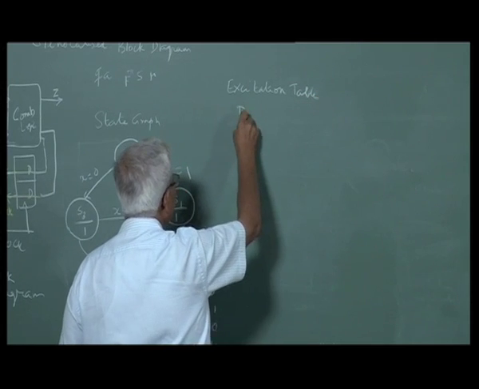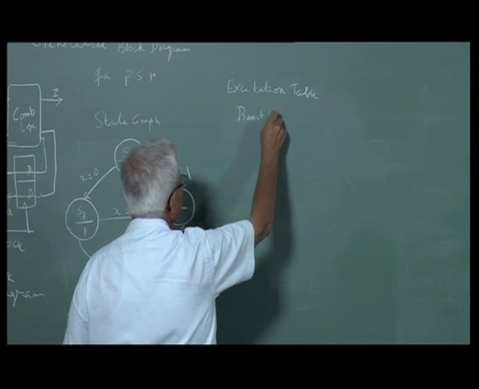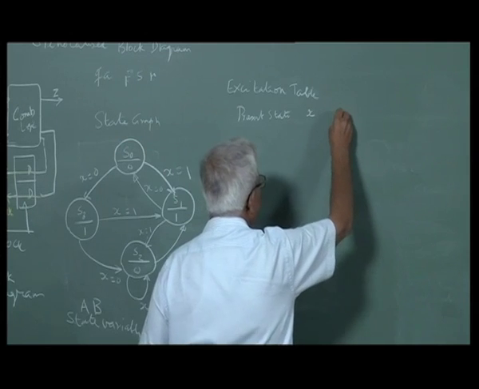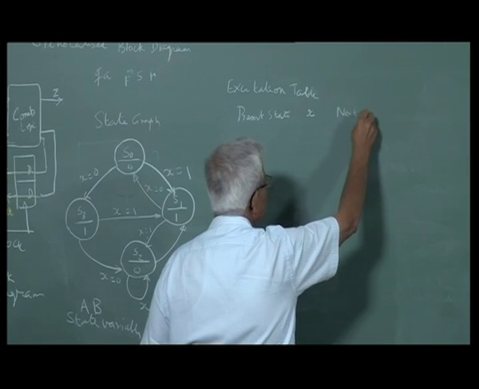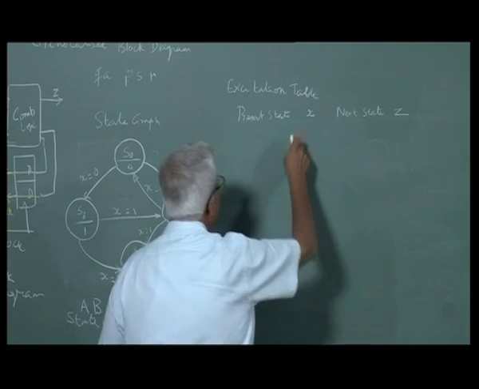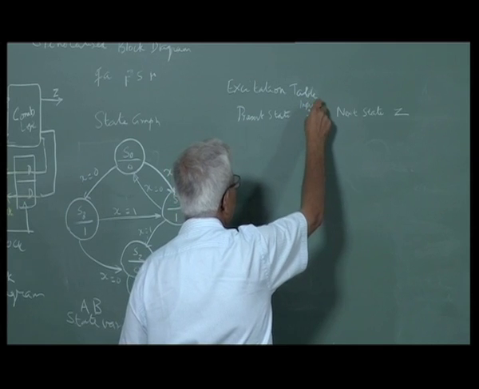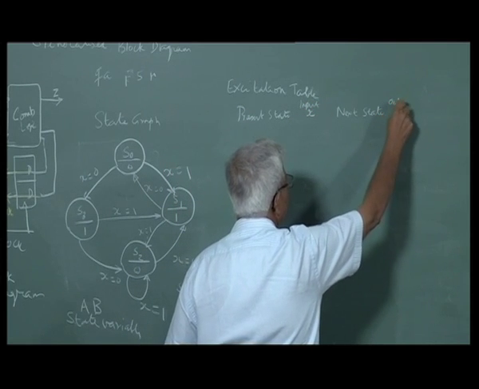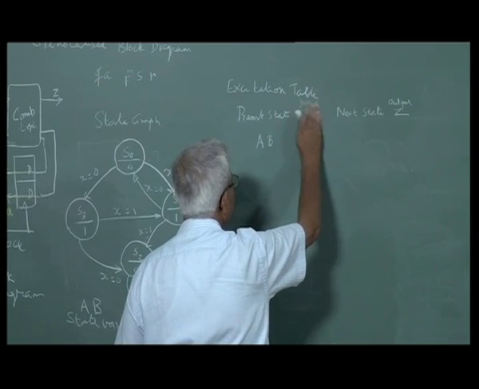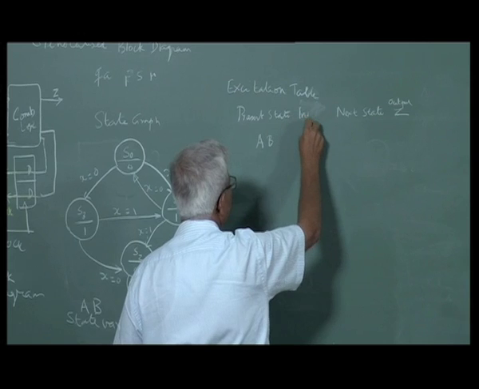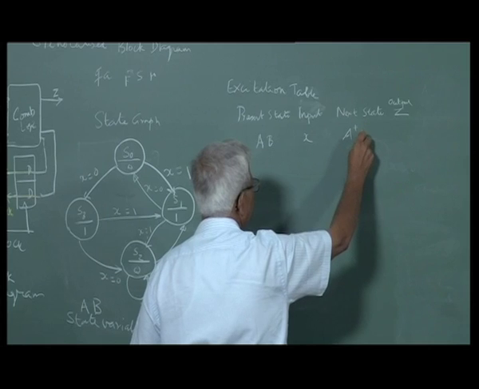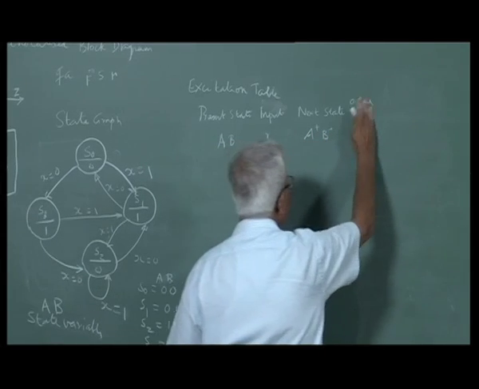So: present state variables, x value, next state variables, output. This is input, this is output. This is AB, I will call it input here, X, this is A plus, B plus, output is Z.